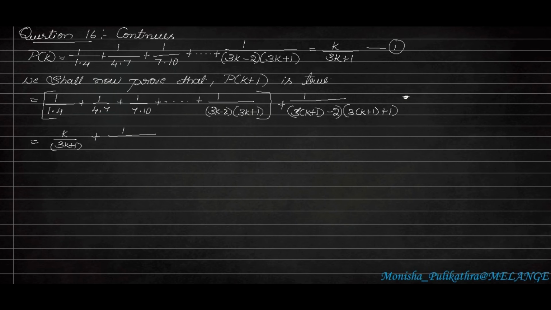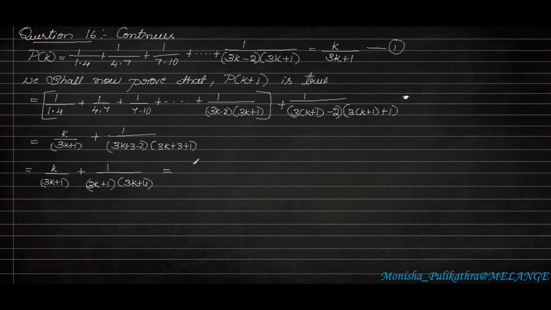So next we have to multiply this 3 with this bracket terms, that is 3k plus 3 minus 2. So another one is 3k plus 3 plus 1. So this will become k into 3k plus 1 plus 1 by 3k plus 1. So 3 minus 2 is 1, so 3k plus 1 and 3k plus 4.